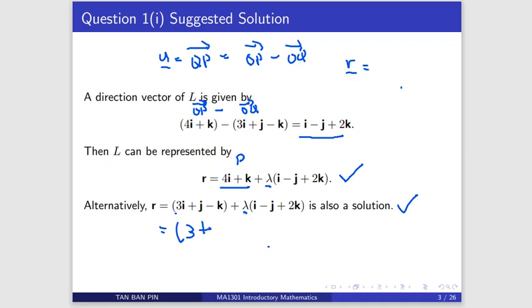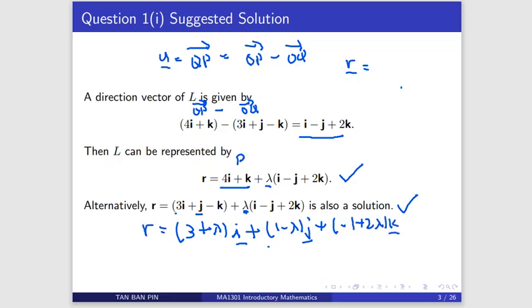So it's 3 plus lambda i, and the j term will be j plus minus lambda j, which is the same as 1 minus lambda j. And it's minus k plus lambda 2k, which is the same as minus 1 plus 2 lambda k.